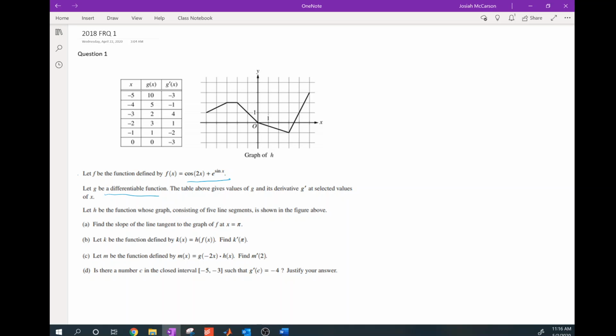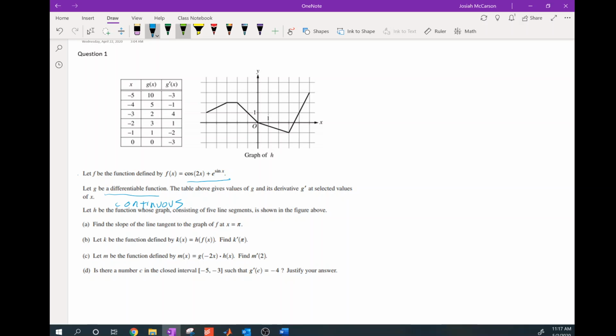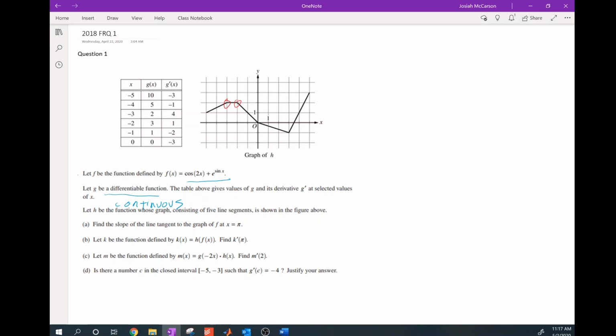If it's differentiable, that means it's also continuous. The table gives us g and g prime at specific values. And lastly, h is our little graph here. One of the things I'm noticing already about the graph is we do have these corners, which means h is not differentiable everywhere, but everywhere except for those corners, h will be differentiable.